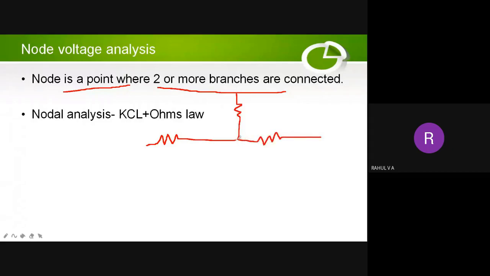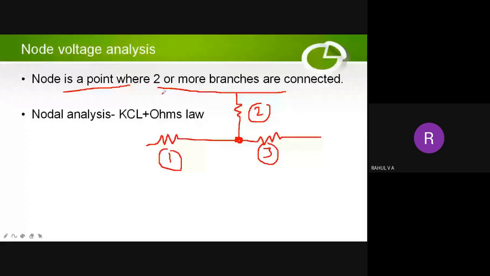If you have a point over here, this point is known as a node. In this case, 3 branches are connected: 1, 2, 3. So this is a node. The point at which we are connecting these branches is called a node. So how to do node analysis is by applying KCL and Ohm's law.